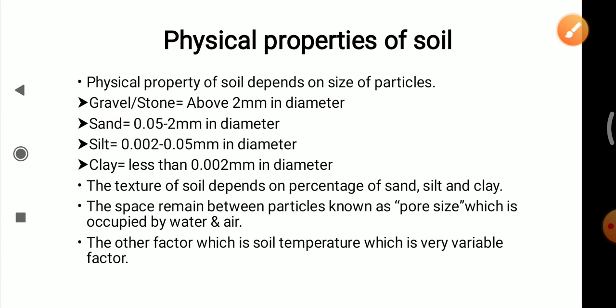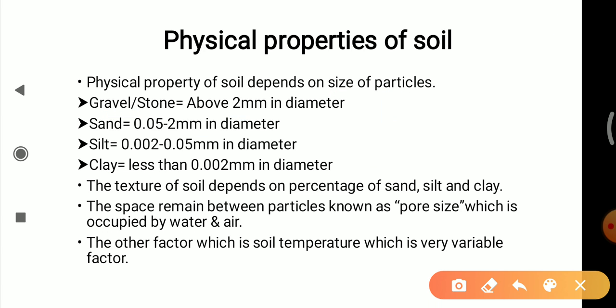The texture of soil depends on the percentage of sand, silt and clay. Soil texture is considered one of the most important physical properties of soil, consisting of sand, silt and clay. These particles vary by size.